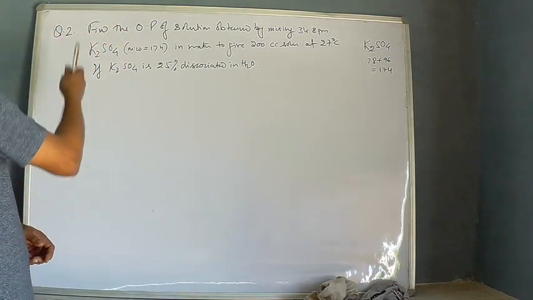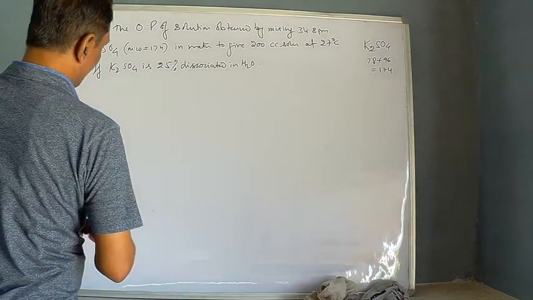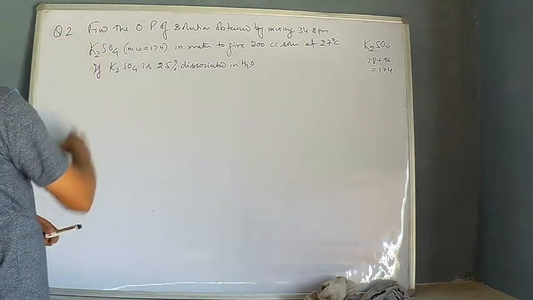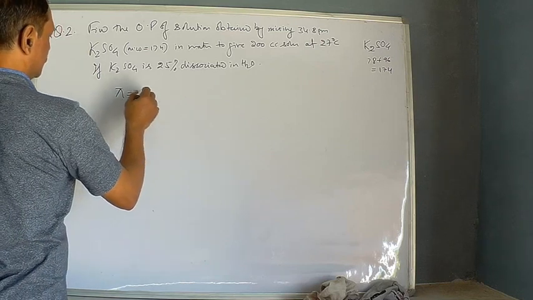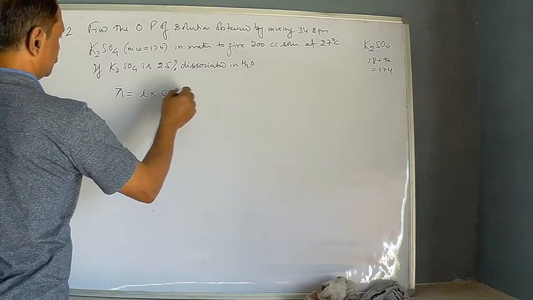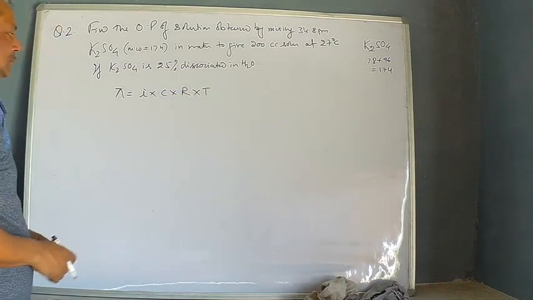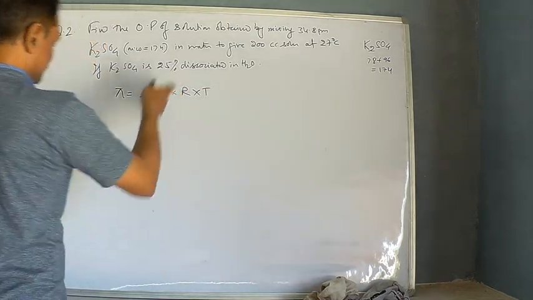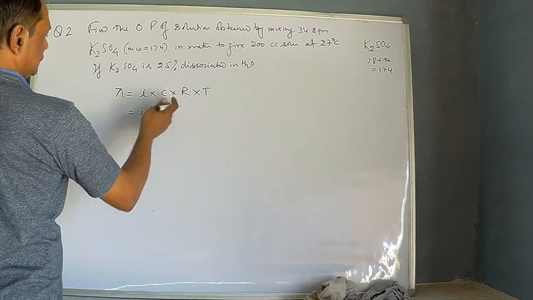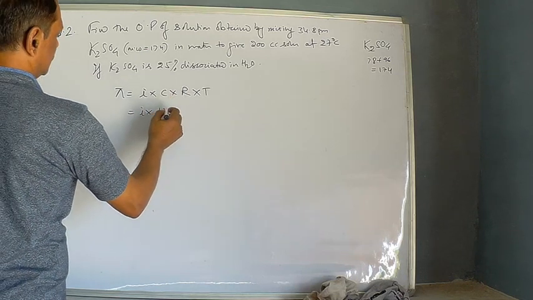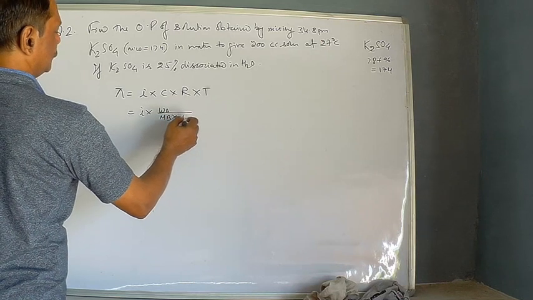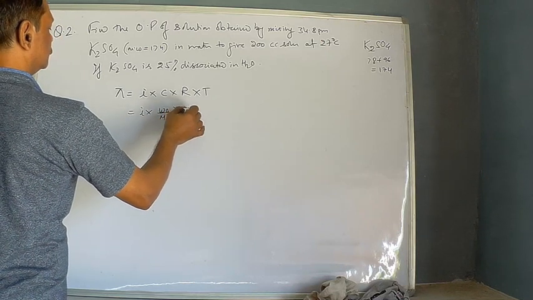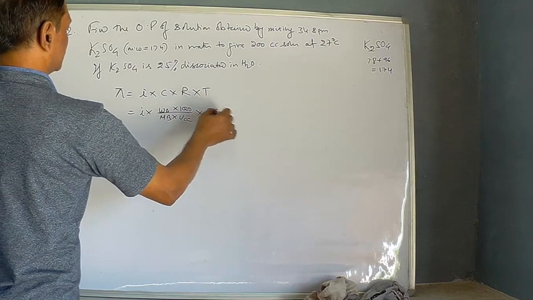So class, since the question is on osmotic pressure, and since it is an ionic solute that is going to dissociate, we'll use formula pi equal to i into C into R into T. What is C? C is the molarity. So let us open it. In place of molarity, I can write WB upon MB multiplied by volume in cc per 1000 multiplied by R multiplied by T.